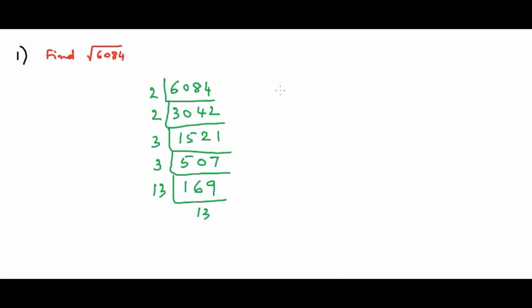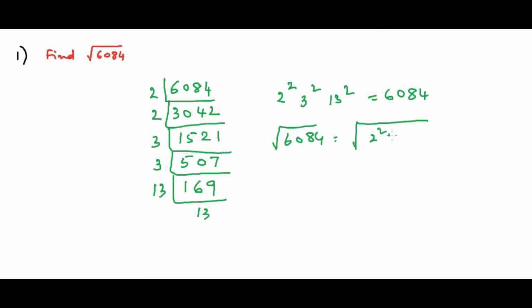Now 6084 is equal to 2 square, 3 square and 13 square. Now we can write square root of 6084 is equal to square root of 2 square, 3 square and 13 square, and the square and square root will get cancelled and finally it will give us 2 into 3 into 13.